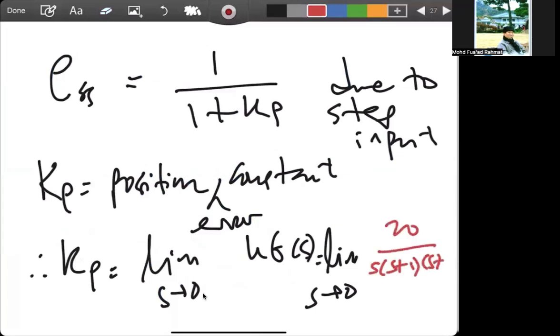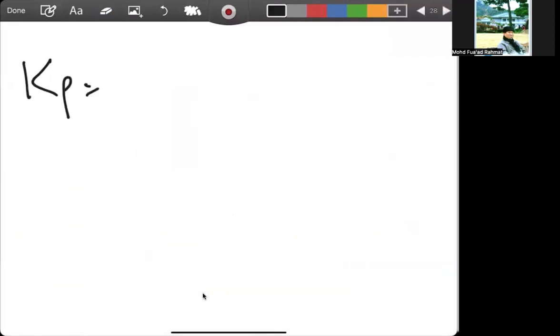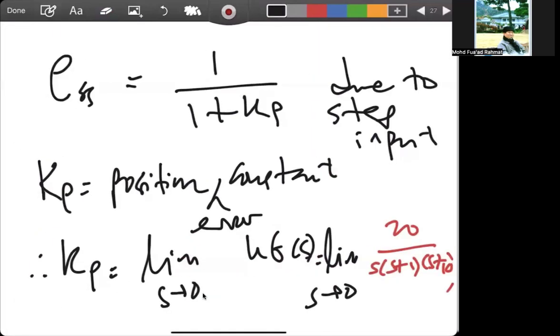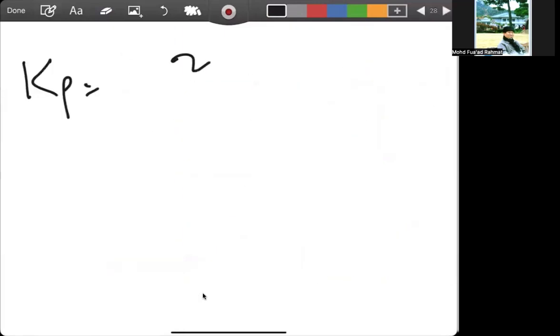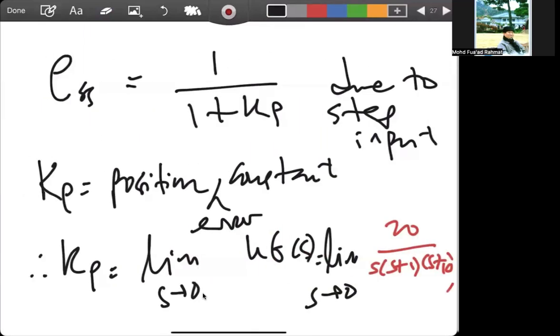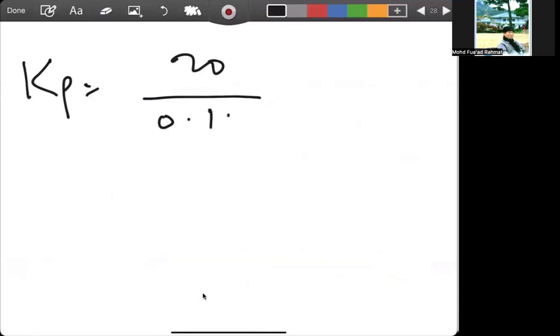So we just insert the value, which is 20 times 0 plus 1, multiplied by 10.